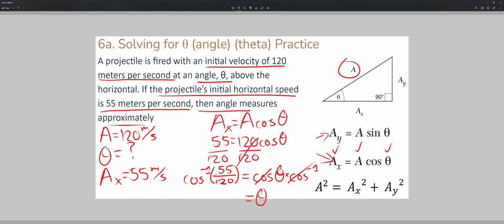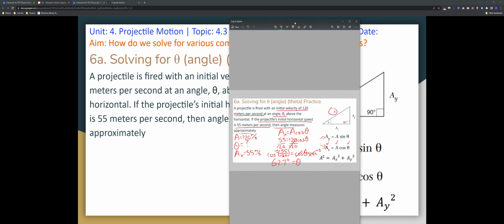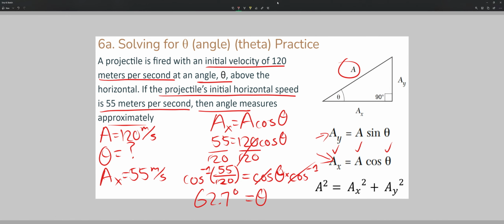So our theta here is equal to cosine -1 of 55 divided by 120. And we get 62.7 degrees. And that's our answer, that's our angle. That's the angle the ball was launched at.